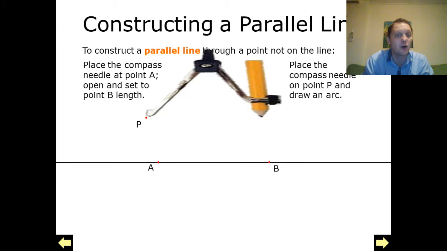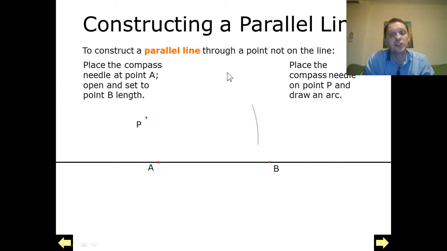And I want you to take your compass and put the compass point at the point that's given off the line. And quite simply, I just want you to draw an arc. Most people, when they draw these arcs, they draw it quite large. Just make sure that it's in this region just here.